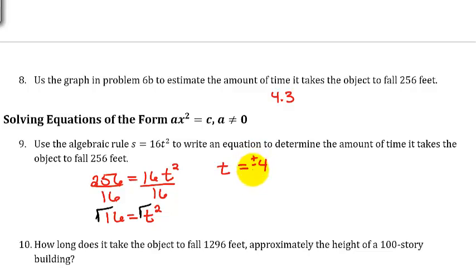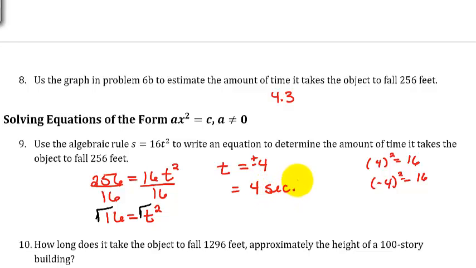Technically this is plus or minus. The reason we do plus or minus when we take the square root on both sides of an equation like that is because when you square 4, you get positive 16, but you also get positive 16 if you square negative 4. So you have to consider that t could have been either one of these. Because t is time, we only consider the positive value.